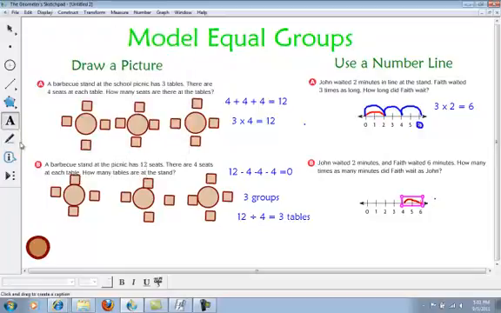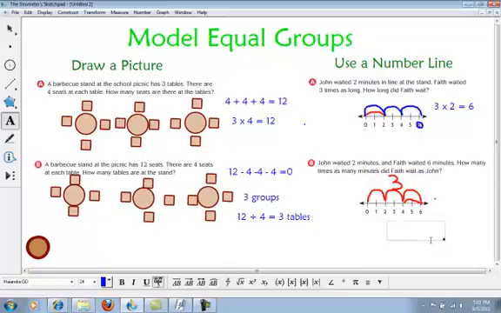So I can see that that's one group of 2 minutes, another group of 2 minutes, and a third group of 2 minutes. So we can see that it was 3 times the amount as John. Now we can write that as a division problem by showing 6 divided by 2, because we put it into groups of 2, is going to give us 3.